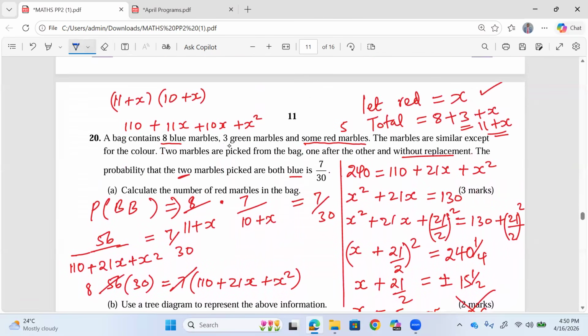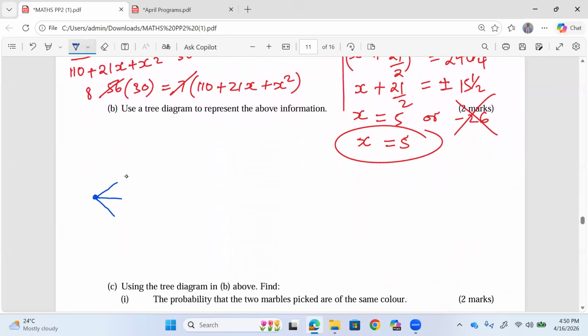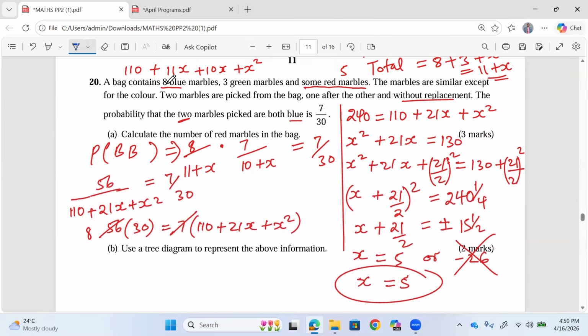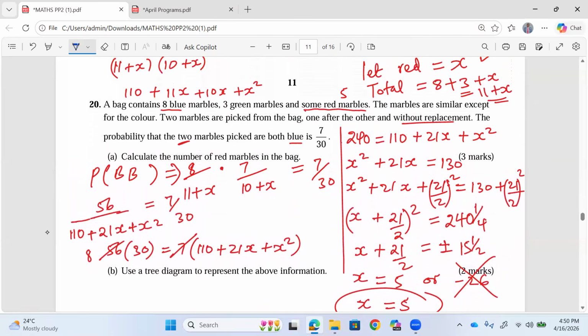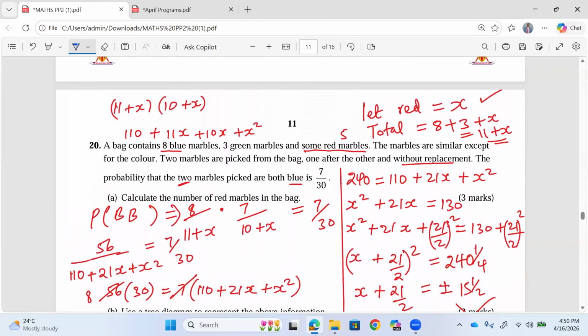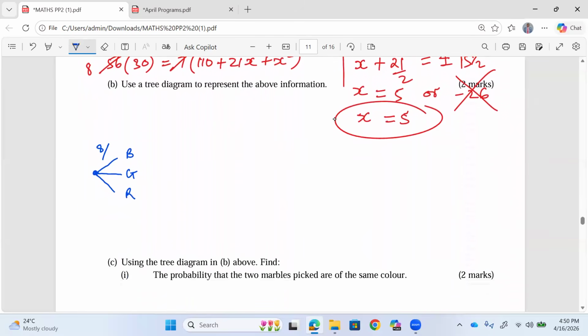We are having a blue, green, and red. Now picking blue, you know there are 8. So it's 8 out of the total. The total is now 8, 3, and 5. 16.